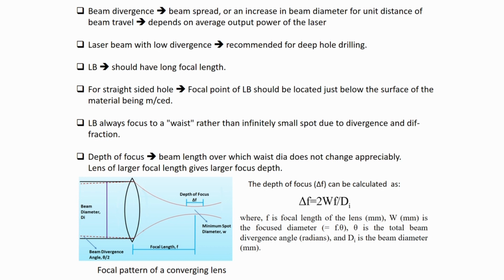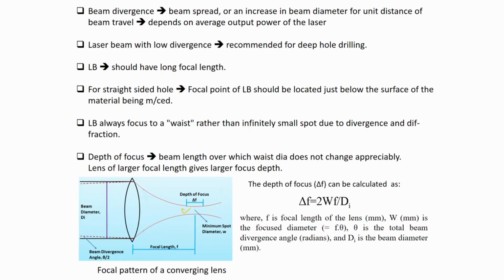A laser beam always focuses to a waist shape rather than into an infinitely small spot, due to the divergence of the laser beam and its diffraction. You will always see this kind of waist shape generated when it is focused by a lens. Within the depth of focus, the waist is nearly constant, and this is the minimum diameter of the laser beam.